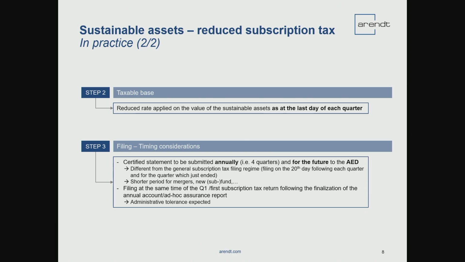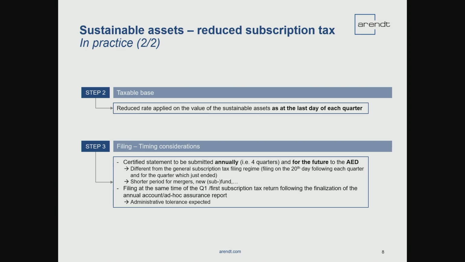And with these 2 pieces of information together, we can go to step 3 and the filing process. So that certified statement we mentioned in step 1, and that's kind of new now, needs to be submitted annually, so for all 4 quarters and forward-looking for the future to the tax authorities.